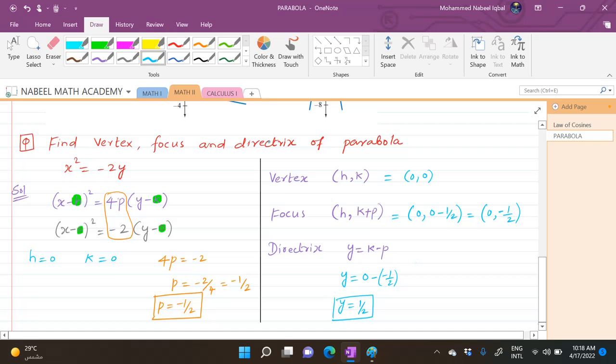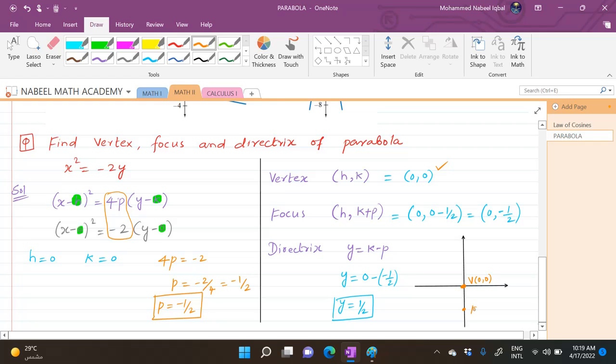Now how will you draw the graph? Always start the graph with the vertex. Vertex is 0 comma 0, and focus, where is the focus? 0 comma minus half, therefore it will be in the negative part of the y-axis.